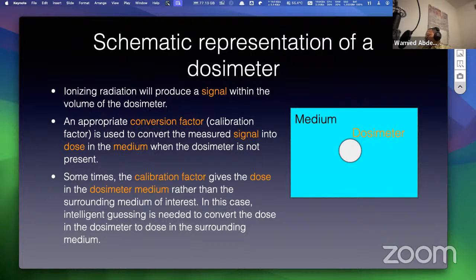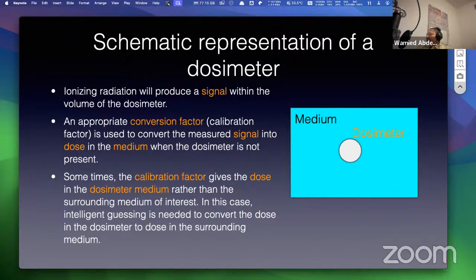And then again, we have to think of how we're going to convert the dose in the dosimeter medium to a dose in the medium. An example would be an ionization chamber with a calibration factor N gas. When we multiply the charge by the N gas of the dosimeter, it gives us the dose in the air cavity of the chamber. But we're not interested in that dose. We're interested in the dose in the medium at that point when the chamber is removed.